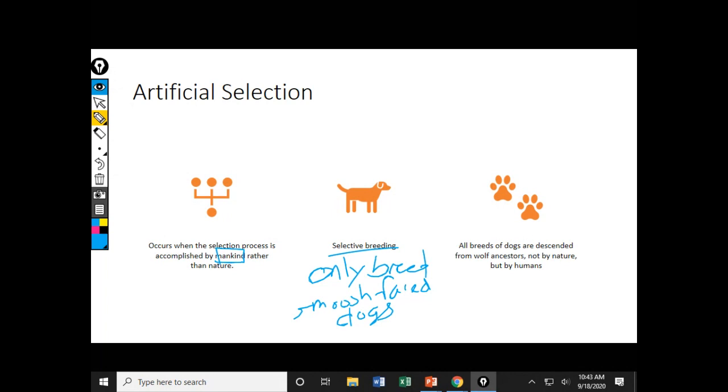So we start with a big population of dogs, long-nosed and smooshed-faced dogs. Every generation, we take out the smooshed-faced dogs and we only breed the smooshed-faced dogs. Then every generation, we get more and more smooshed-faced dogs, and the dogs have smooshier faces.